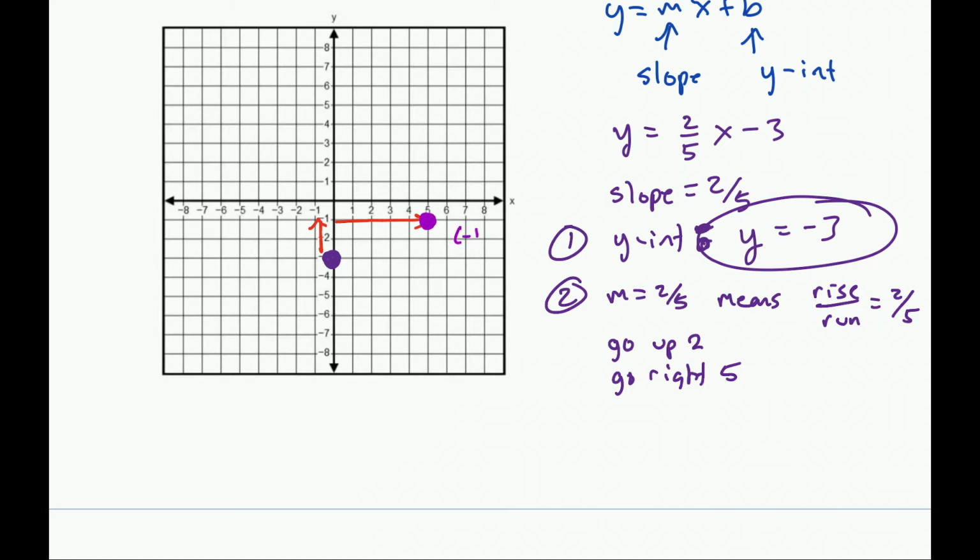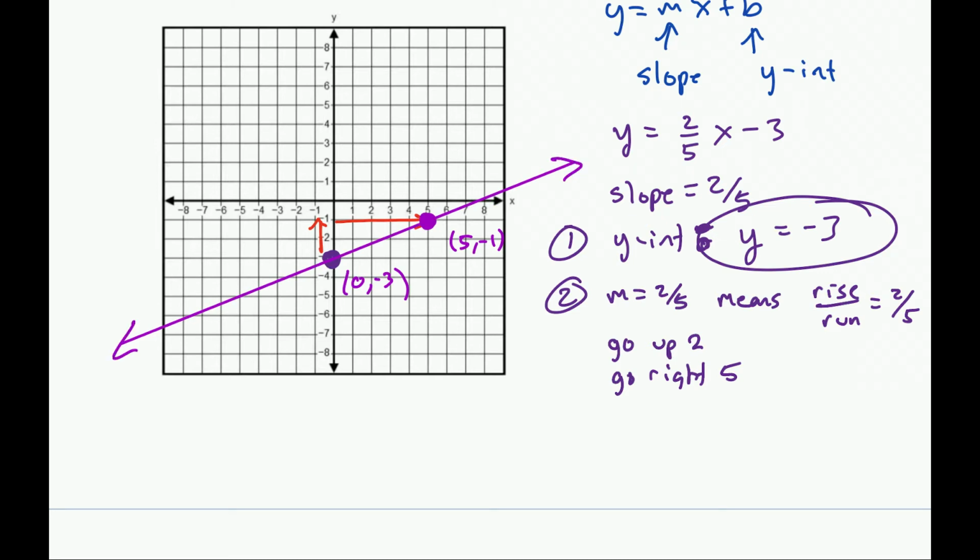which looks like 5 comma -1. This one was 0 comma -3. Anyway, once you have 2 points on the graph, then you just connect the dots. Didn't do a very good job. That's better.